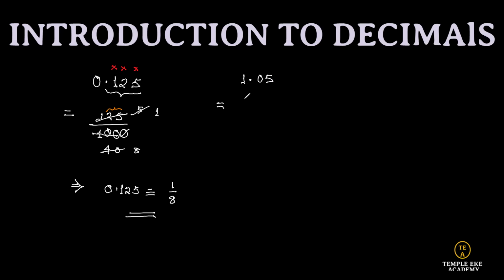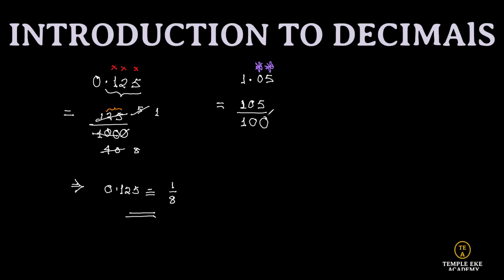You can see all digits here are significant. 1, 0, 5, without the decimal point. And then place this over 1. Now ask, how many digits after the decimal point? Of course, we have 1, 2, which means we append 2 zeros right here. This is the fraction equivalent to the decimal 1.05.